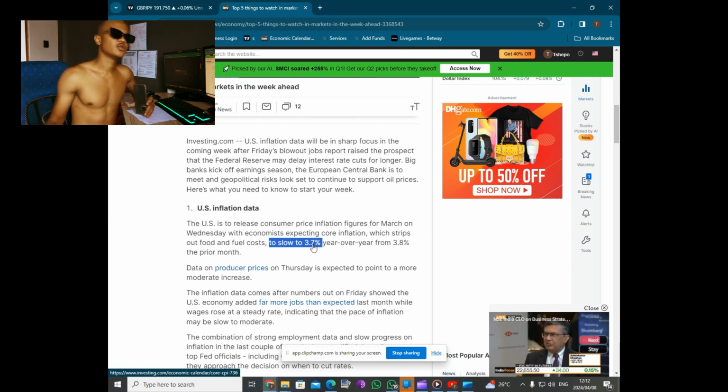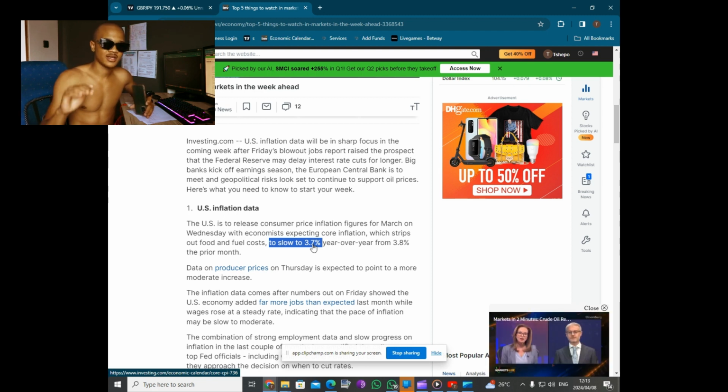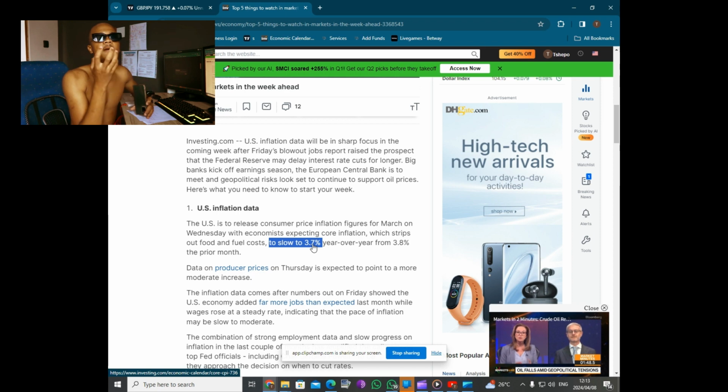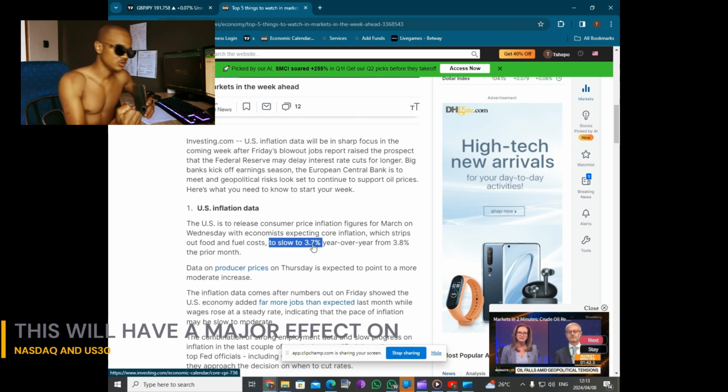You understand? So now if the Fed decides to cut the interest rate to a much lower rate, this will cause the value of products to decrease, and this will affect the NASDAQ and the USDT, which decrease in value, because you know what? If the value of products of the top 5 US companies decreases, it means their stock value will also decrease, right?